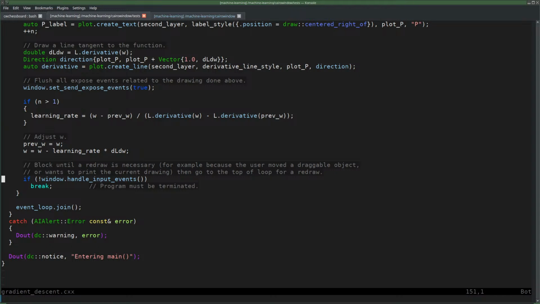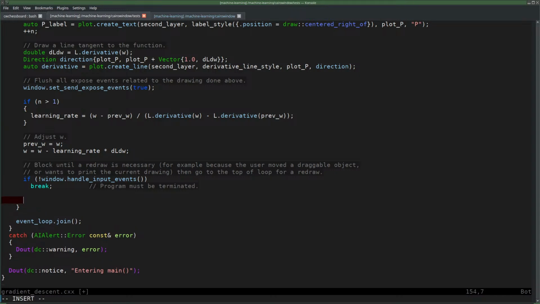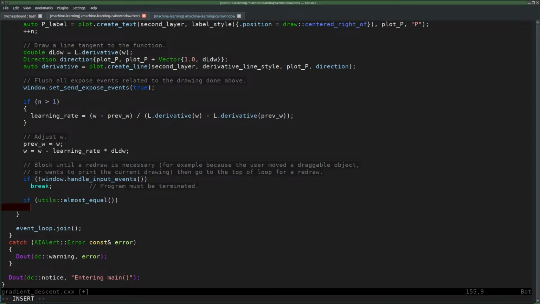So if we press the space and we go here, but the previous W is equal to the current W, or at least close enough, if utils almost equal, I have no idea how that works. Then break.